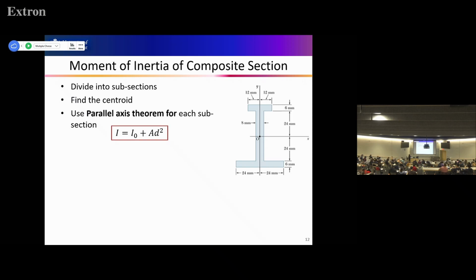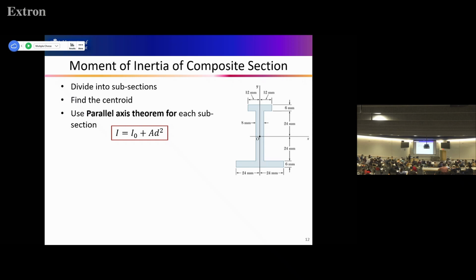So the parallel axis theorem is this: I, the moment of inertia of the section, equals the moment of inertia about the centroidal axis, so each shape's centroid, right? I0 is the moment of inertia about the centroidal axis, plus A, area, times d squared. And what is this d?